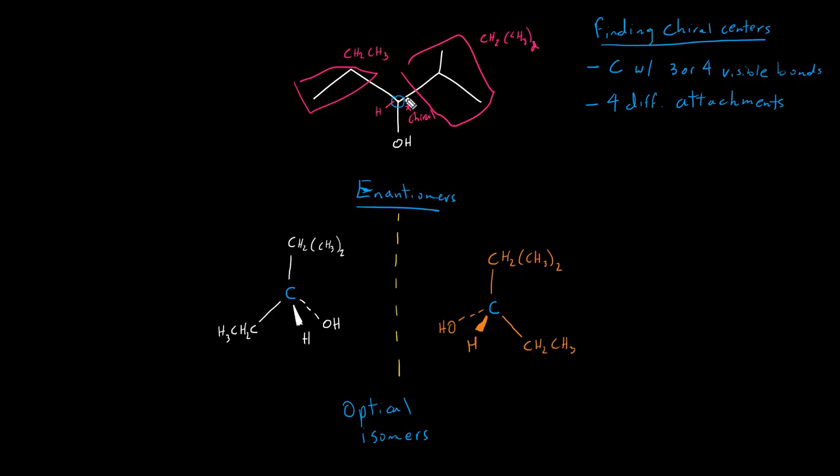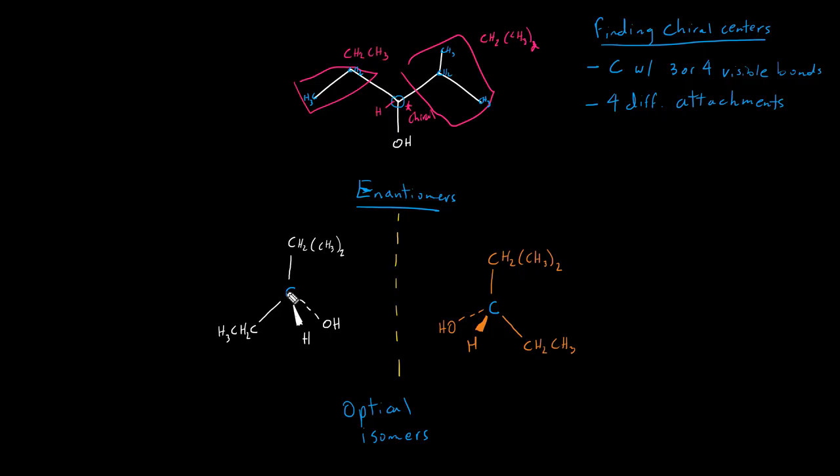We have OH, (CH2CH3)2, and if you have trouble visualizing that, here's our CH2, and then this is a CH3, this is a CH3, that's why it's (CH2CH3)2. And then this is our CH2CH3. And so we have 4 different attachments. This one could not be a chiral center because we have 2 CH3s on it.